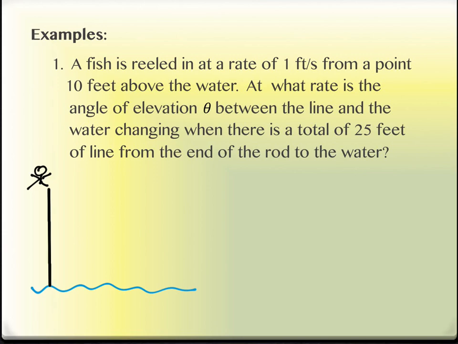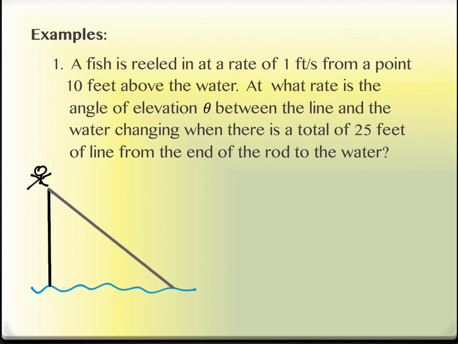The fish, there's a fishing line out there, and it's 10 feet above the water that it's being reeled in at, and there's the water below. It wants to know at what rate the angle of elevation between the line and the water is changing. So I'm going to draw my fishing line in as well. If you can imagine if somebody throws out a fishing line, initially it looks like some sort of an arch, right? But as you start reeling it in, you end up with an image that looks something like this.